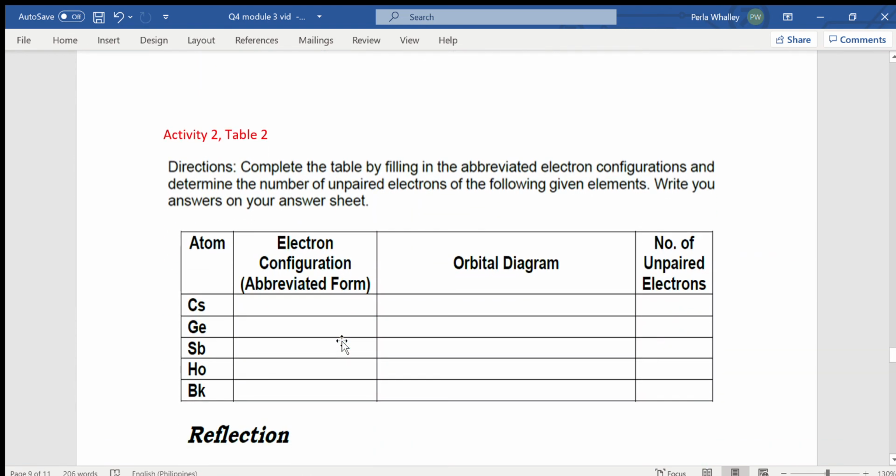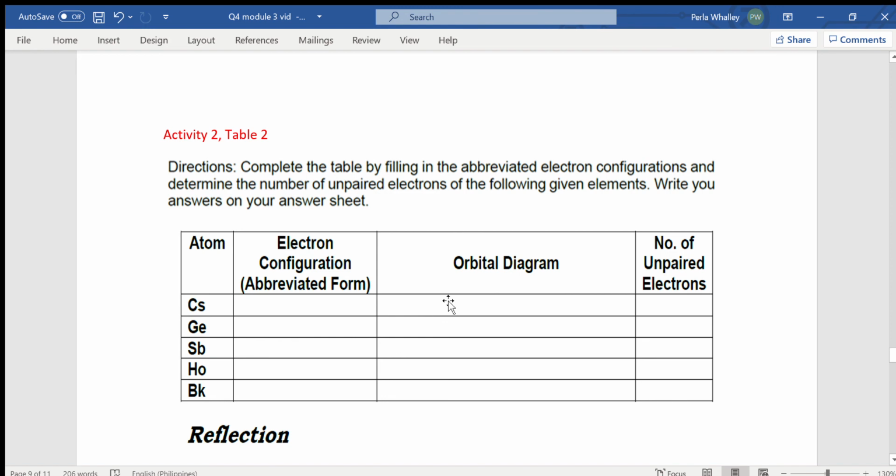And we have here the second task. Activity 2, table 2. Directions. Complete the table by filling in the abbreviated electron configurations and determine the number of unpaired electrons of the following given elements. Write your answers on your answer sheet. Okay, atom, electron configuration, orbital diagram, number of unpaired electrons.